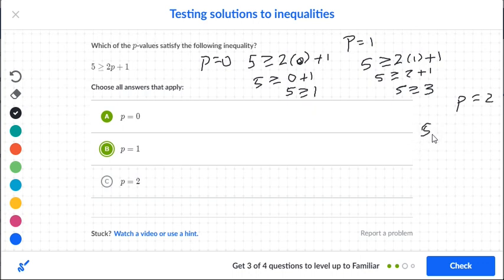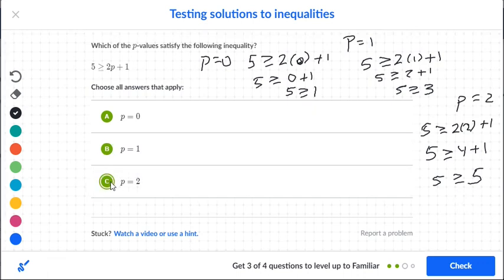We have 5, inequality sign, 2 times 2 plus 1, which is 4 plus 1, so 5. Is 5 better than 5? No. But since equal is an option, then yes. Since equal is an option, this still would be true.